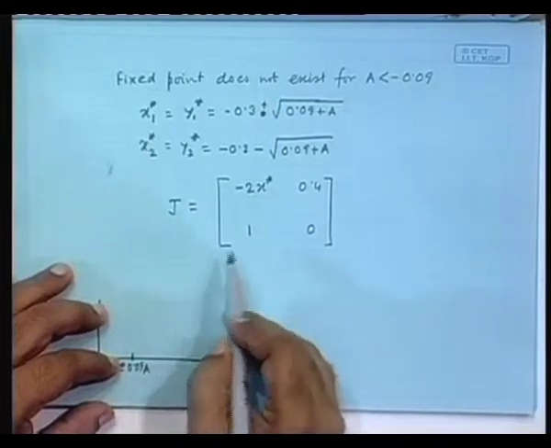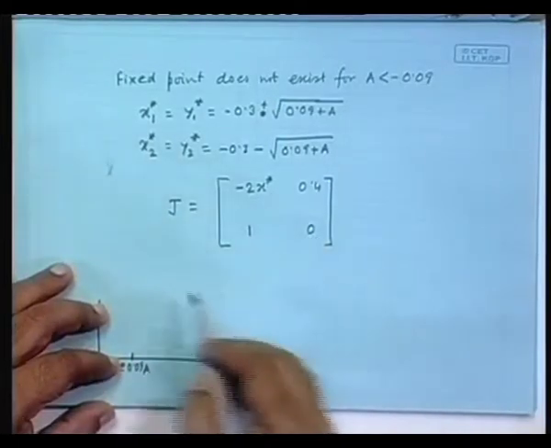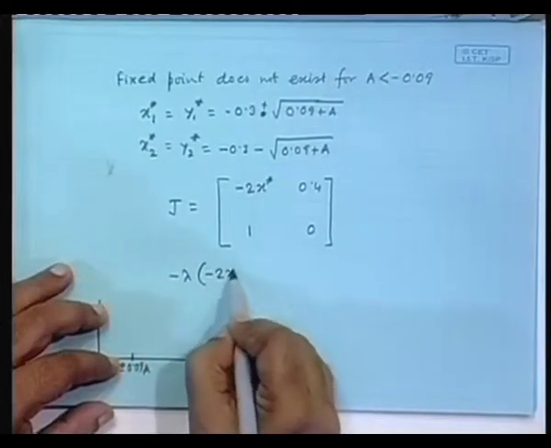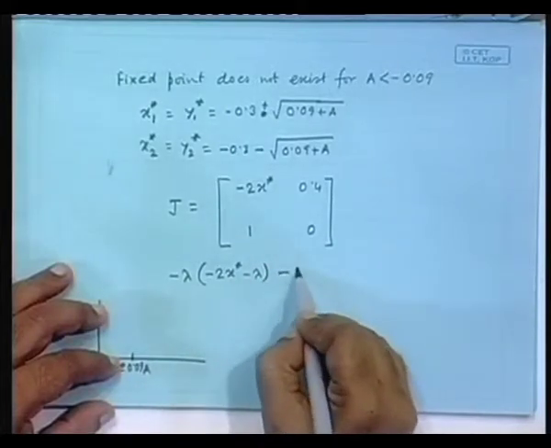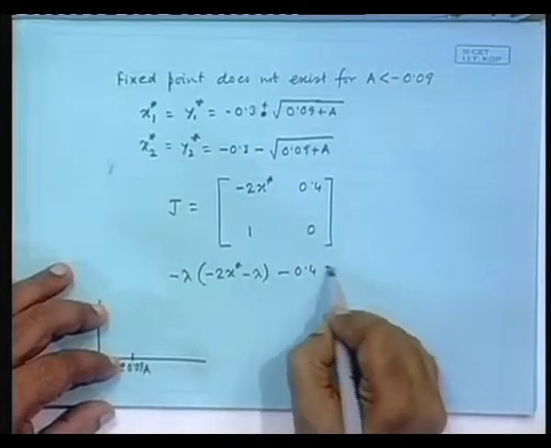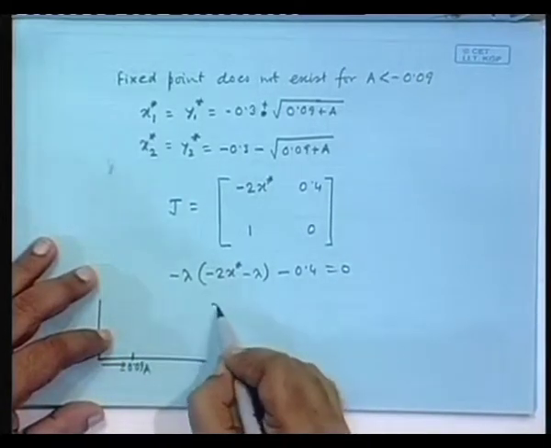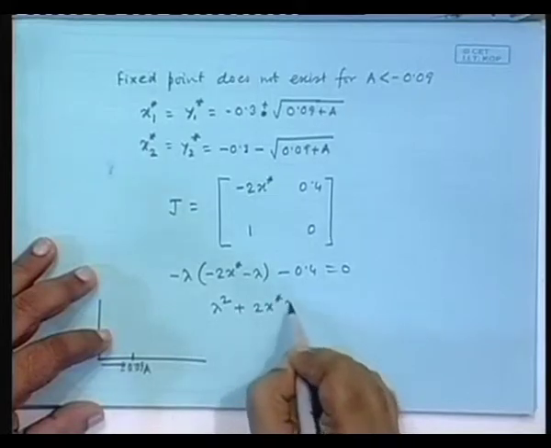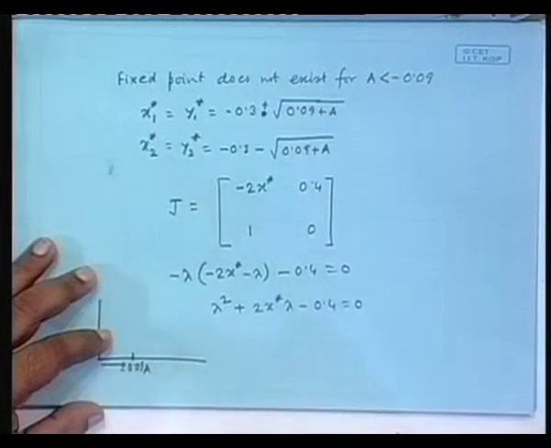It would be minus twice x star minus lambda, here minus lambda, minus 0.4 equal to 0. So, you have lambda square plus twice x star lambda minus 0.4 equal to 0.